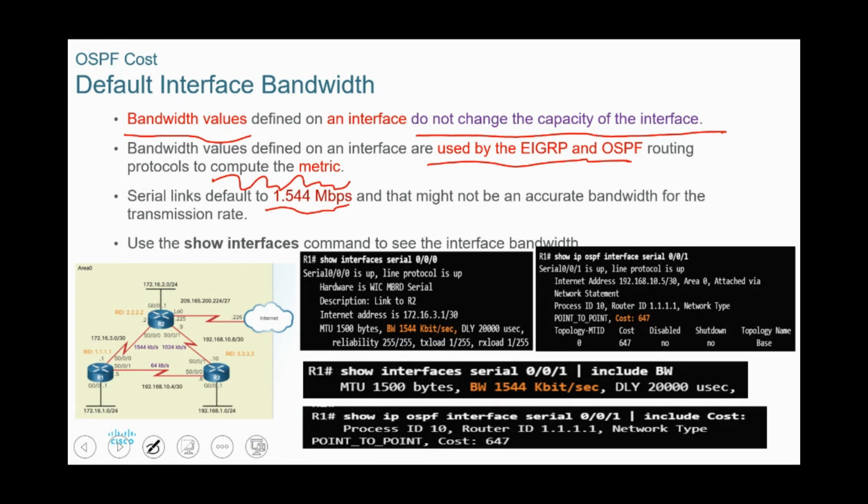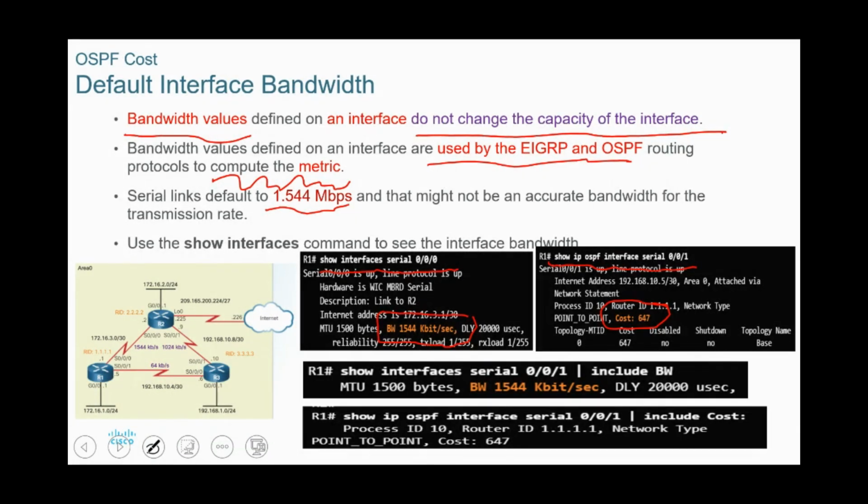So how do you get the accurate one? You can just use the show interfaces command to see your interface bandwidth. For example, you can show interfaces S0/0/0, then you will get this number, bandwidth 1544 kilobit per second. And if you want to check the cost, you can show IP OSPF interface serial 0/0/1, the particular interface, and you can see the cost of your metric.